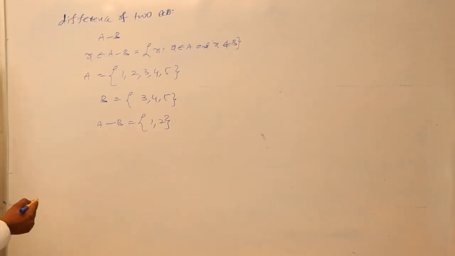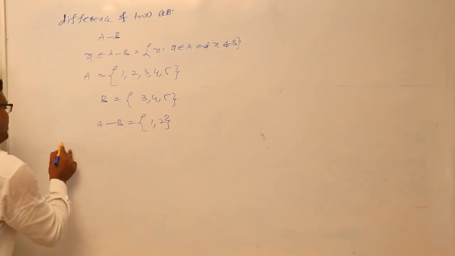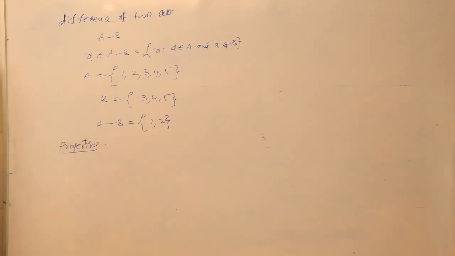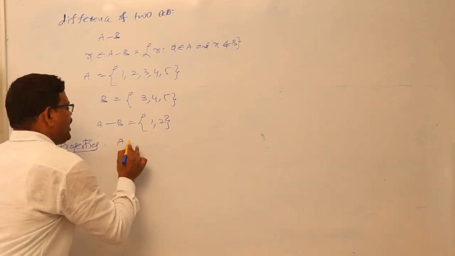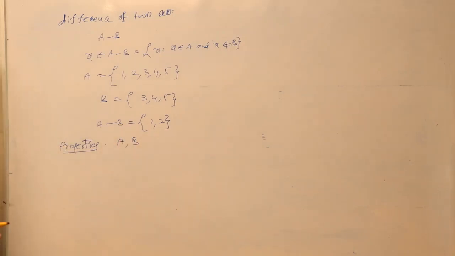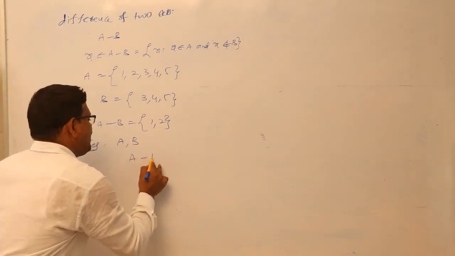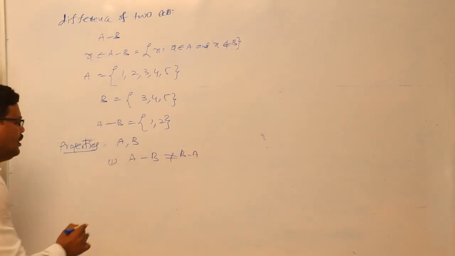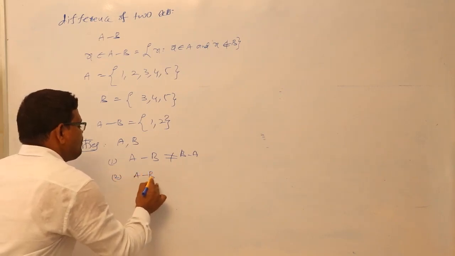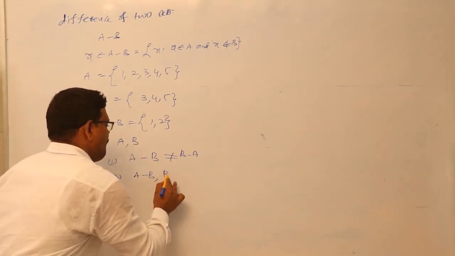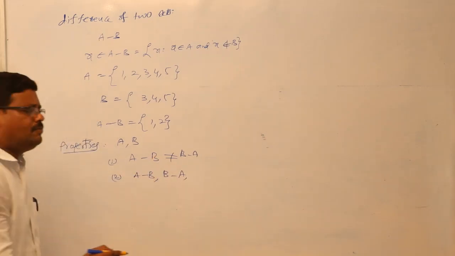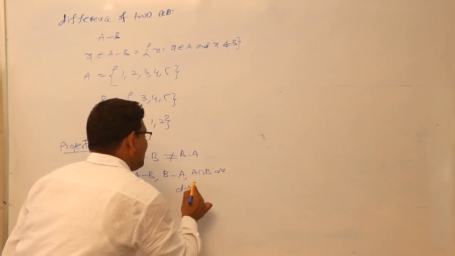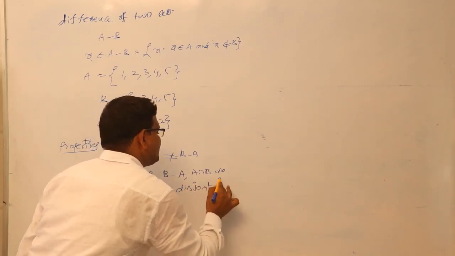What are the properties of the difference of two sets? If A and B are two sets, then A minus B is not equal to B minus A. Second, A minus B, B minus A, and A intersection B are disjoint sets.